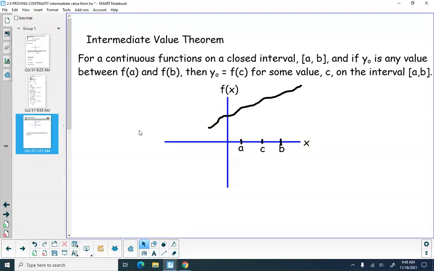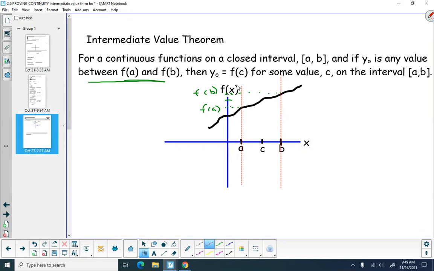If I have two values, f at b and f at a, and y naught is between them, so this y value is somewhere in between there.